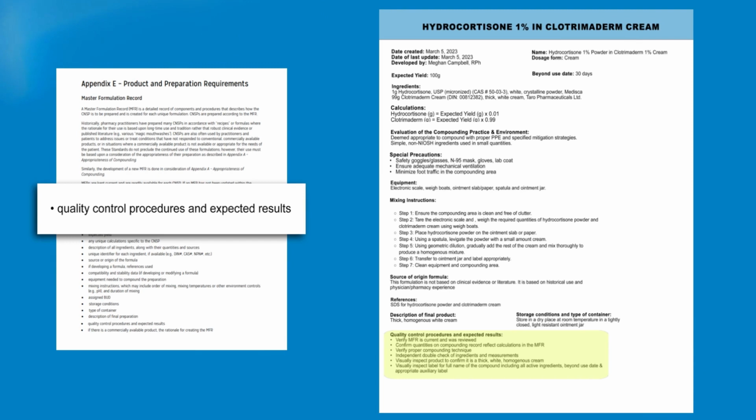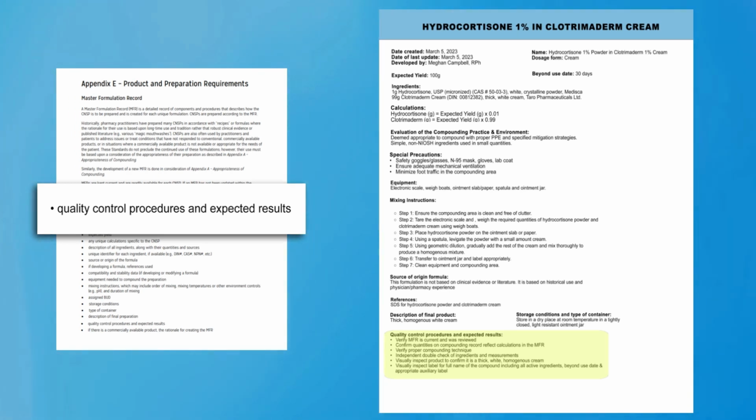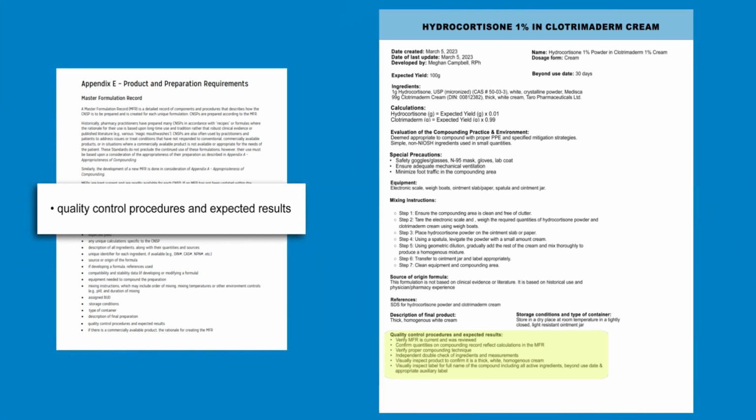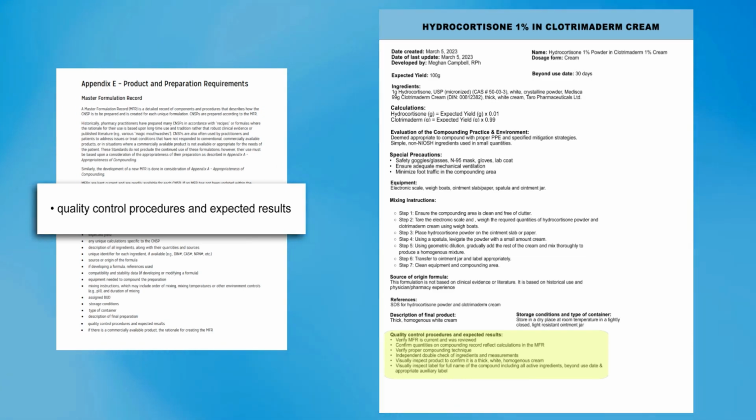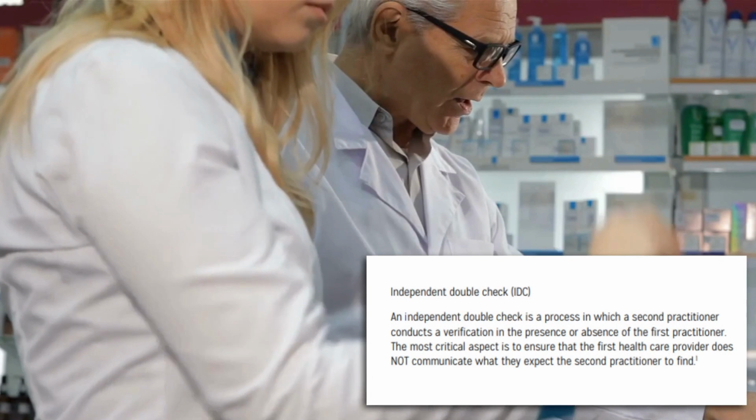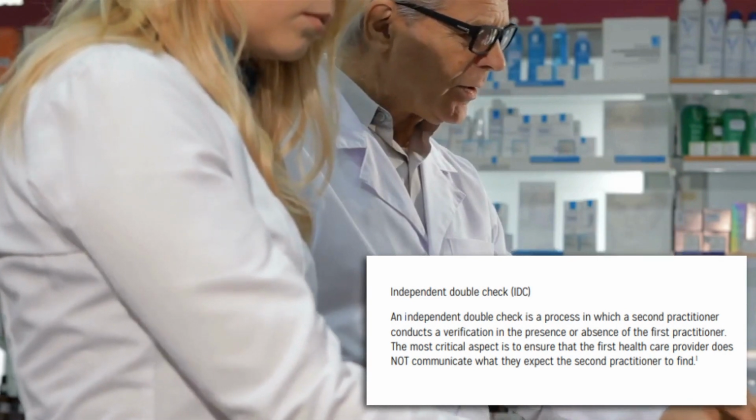For the purposes of your MFR, you must include an explanation of any required quality control procedures. Some examples of quality control activities for hydrocortisone 1% in clotrimazole are verifying the MFR was current and reviewed by the compounder, double-checking calculations, and ensuring proper technique was used. Independent double checks of ingredients and measurements before mixing the compound should be performed whenever possible.